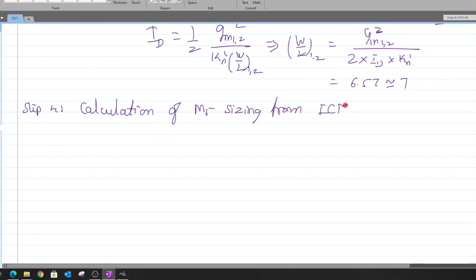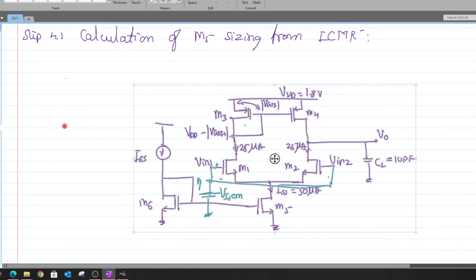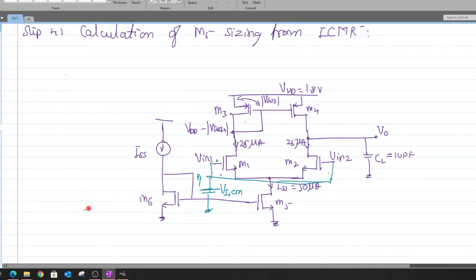from ICMR minus specification. Now I just have to talk about what this ICMR expression is going to be, so I just have to repaste the structure. In the case of an ICMR minus, we are talking about the least amount of voltage that I can apply across this VICM so that the transistors stay in the saturation zone.